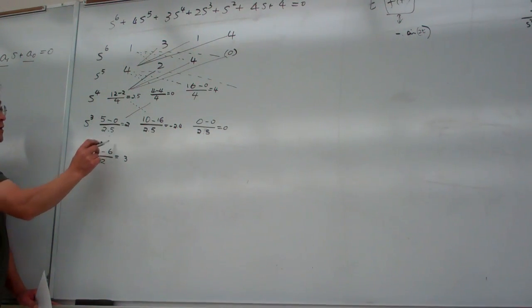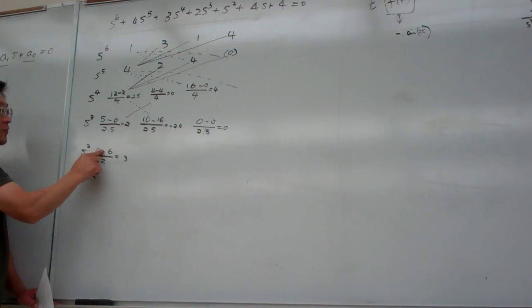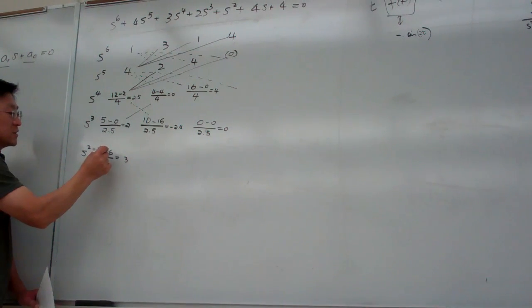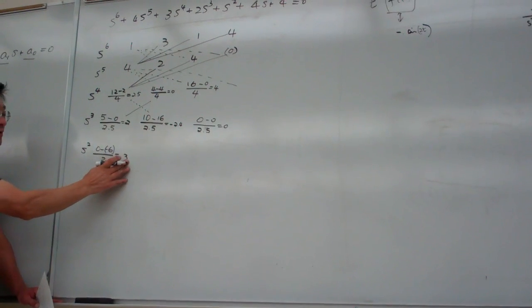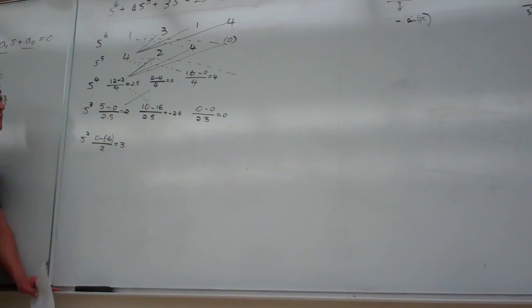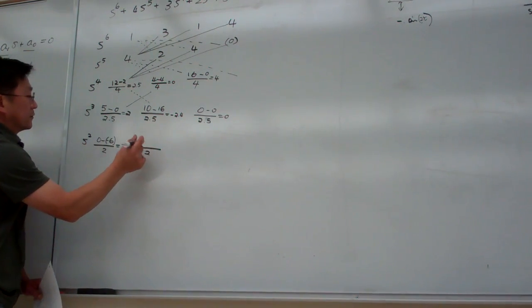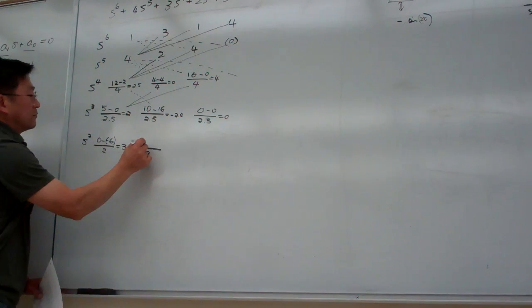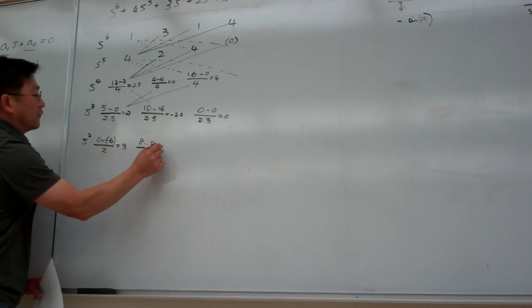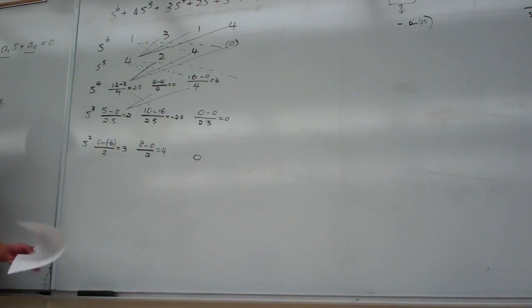This value is 0 minus the multiplication of the two numbers, so 0 minus minus 6. Yeah, okay, that should be positive 3. And for this one, it is 2, and the multiplication of the 2 is 8 minus 0, which is 4. And here, if you continue, you can see that should be equal to 0.